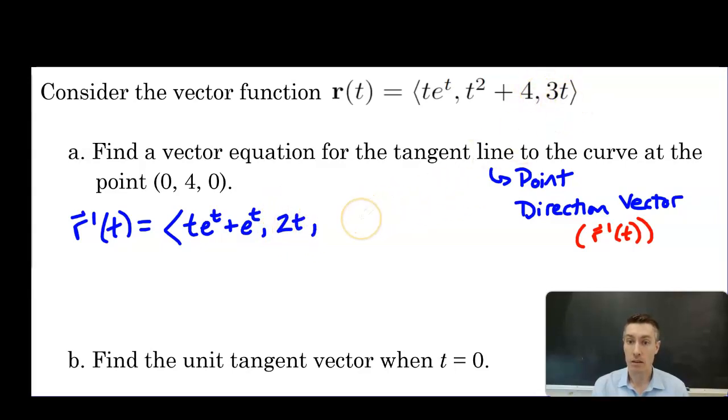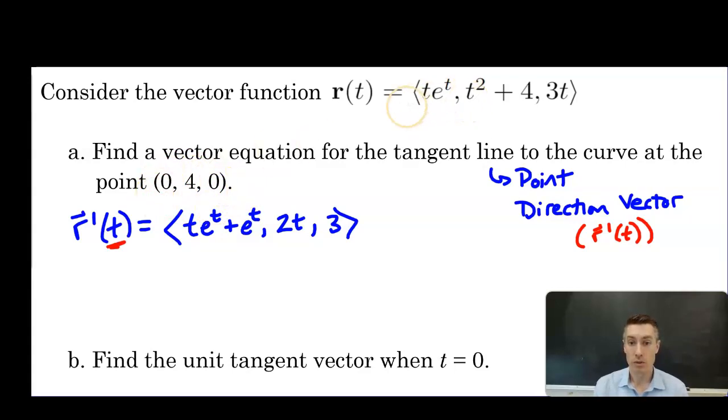And then the derivative of 3t will be 3. Now we want to evaluate this derivative at the point 0, 4, 0. The issue is r prime of t is defined in terms of t, so we can only plug in a single value to get our tangent vector, whereas the point 0, 4, 0 is defined in terms of an x, a y, and a z.